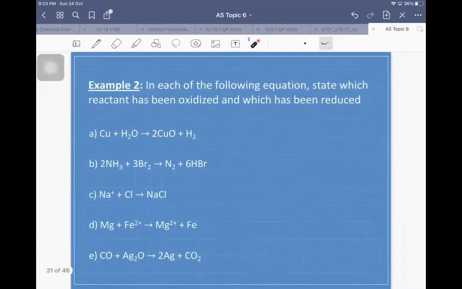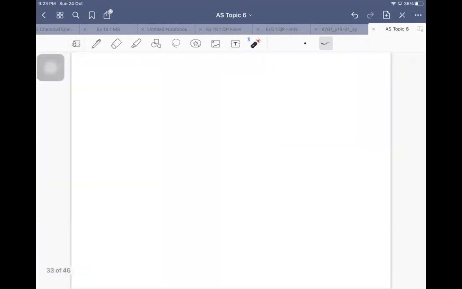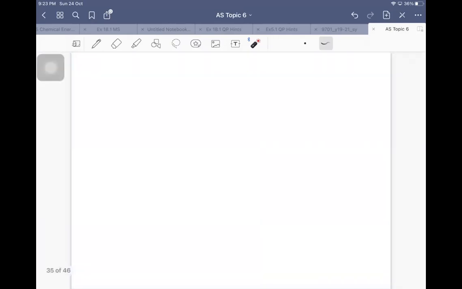For example 2, I want you to identify, in each of the following equations, state which reactant has been oxidized and which has been reduced. I will stop here and leave you to do example 2, because if I continue on with the next part, I think it will be long.